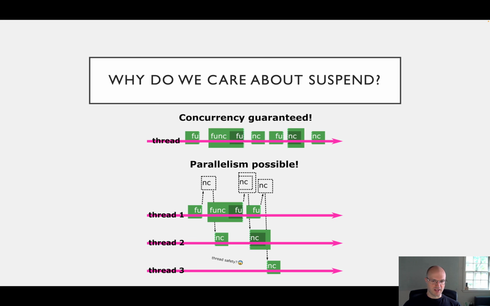There is a scared face here about thread safety. That's still a concern. Certainly, if these 3 suspend functions are all touching the same shared mutable state, there definitely could be race conditions and locking issues. There could be deadlocks if they're interacting with a mutex. I'm mentioning this only because suspend doesn't magically solve that problem.